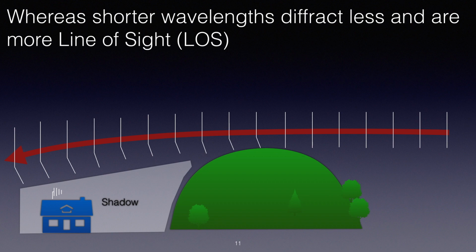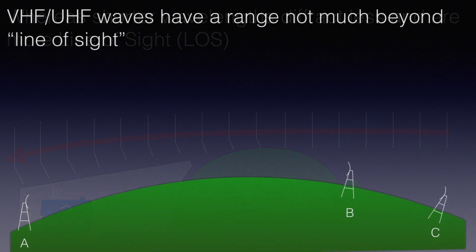And amateurs using VHF become quite used to visualizing the terrain, the topography between two stations, and therefore understanding that there's a hill in the way and therefore they are or are not in shadow. So that goes into the syllabus point then of VHF waves have a range not much beyond line of sight.